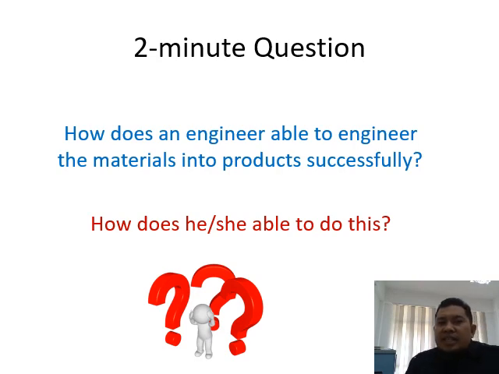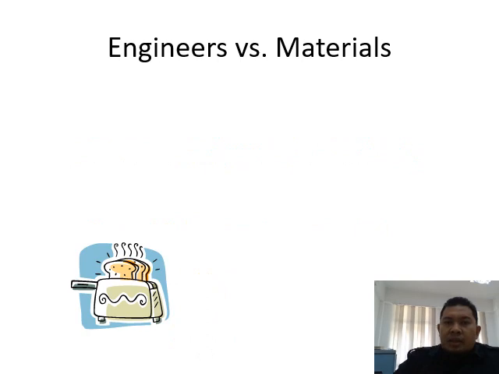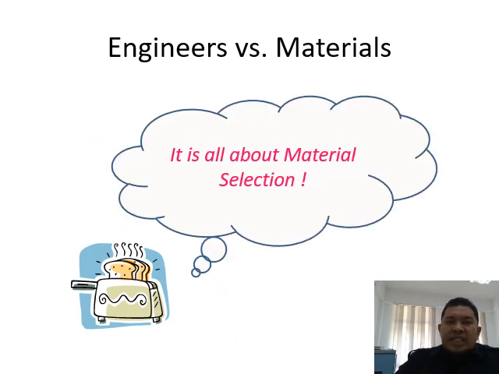How is an engineer able to engineer the materials into a product successfully? Of course, over here I'm talking about the whole process of making a product. But in order for you to know this, you have to go through these chapters, these courses all along. And then engineers versus materials.